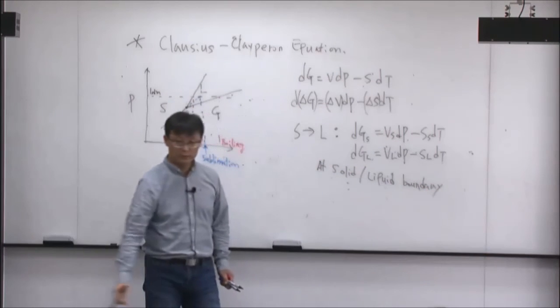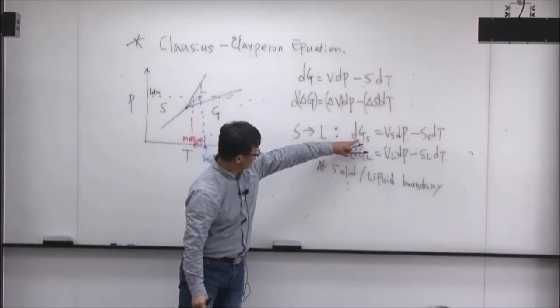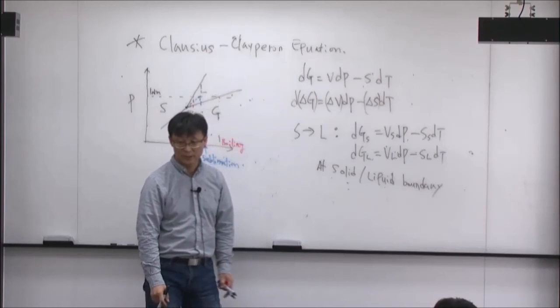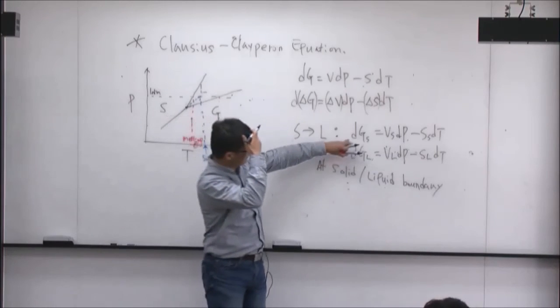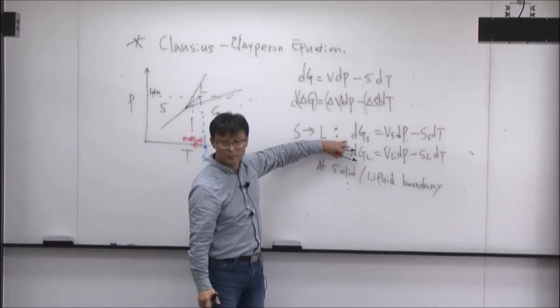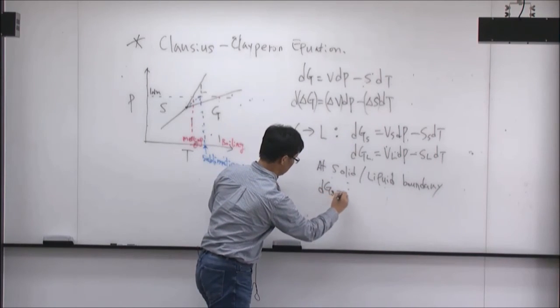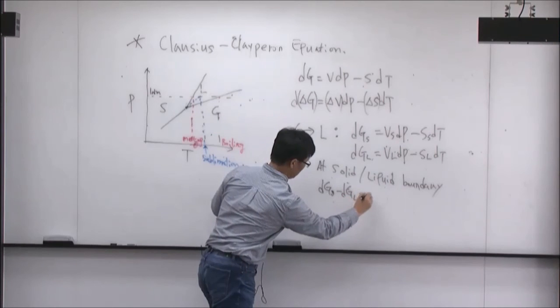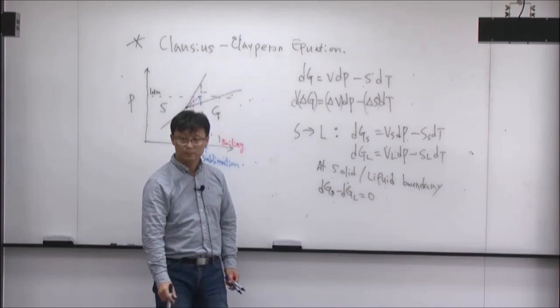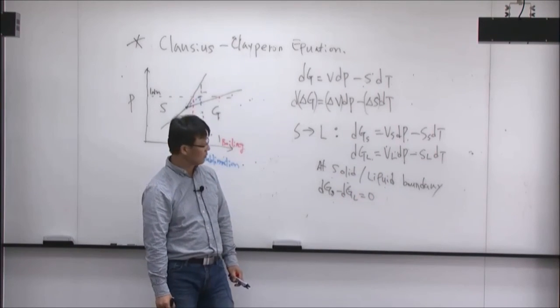a solid-liquid boundary, the Gibbs energy of solid and the Gibbs energy of liquid become the same. Yeah. So this minus this one will be 0. So dG solid minus dG liquid will be 0. Okay.